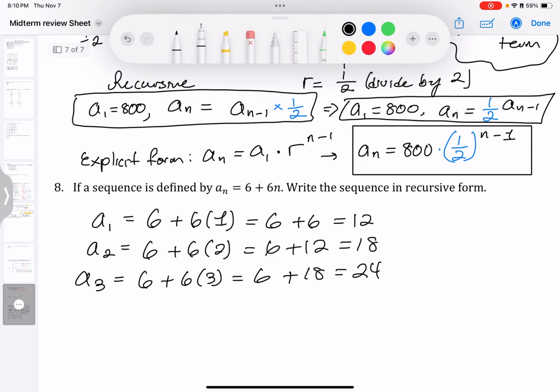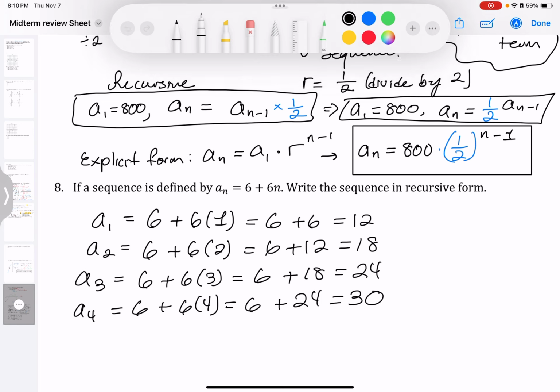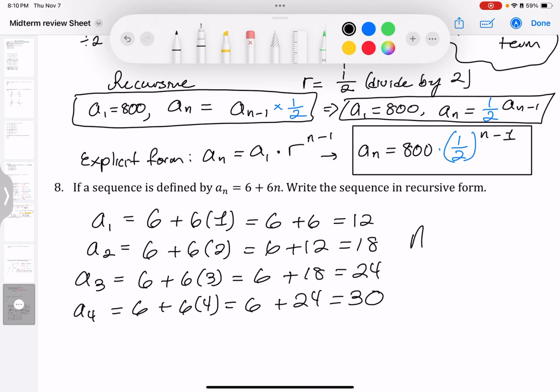We'll just do one more for argument's sake. To find the fourth term, plug 4 into the function. So 6 plus 24 equals 30. I think we can kind of see where this is going. This is an arithmetic sequence.